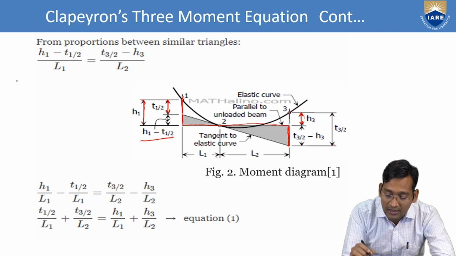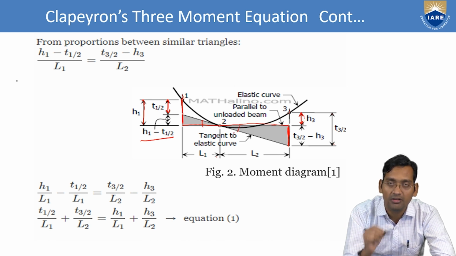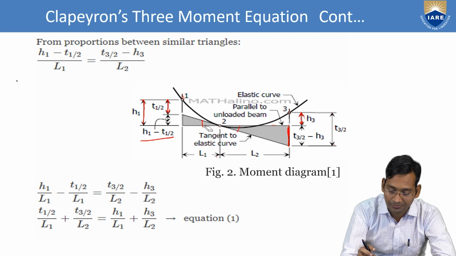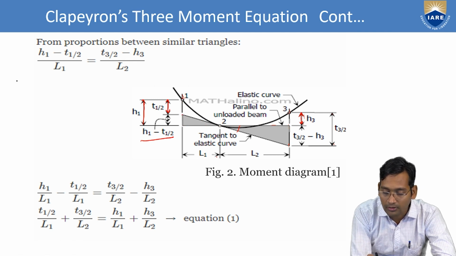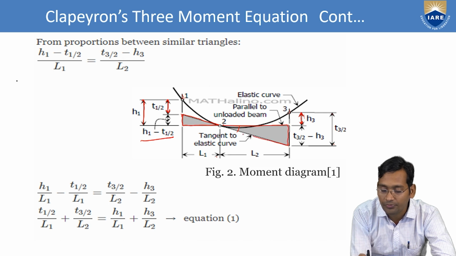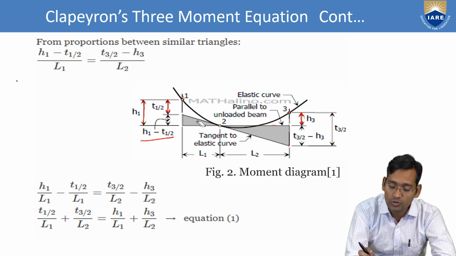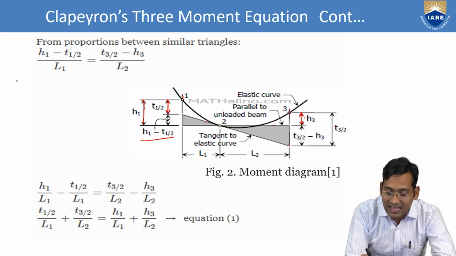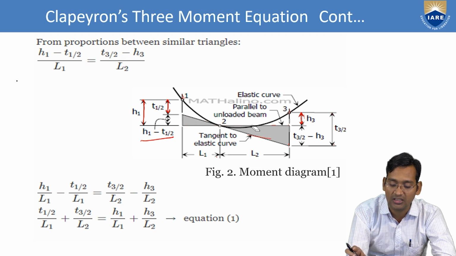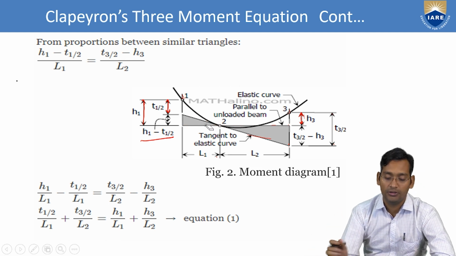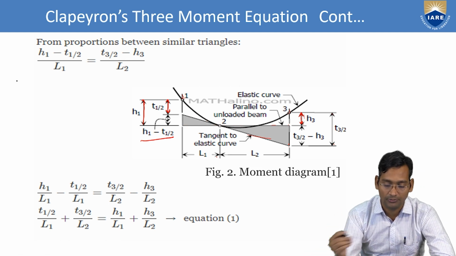Why do we require this? Now here we will apply the similar triangle property. One triangle is here and another one is here. In these two similar triangles, this angle is equal to this angle, this side is common and this side is also common. Hence these two triangles are similar. Now just apply the similar triangle formula.